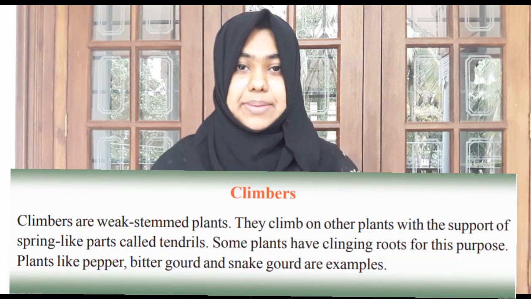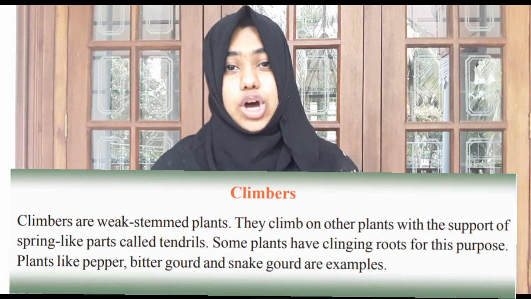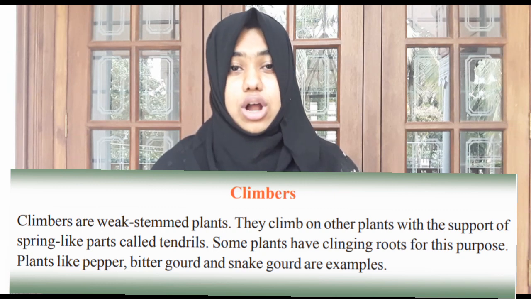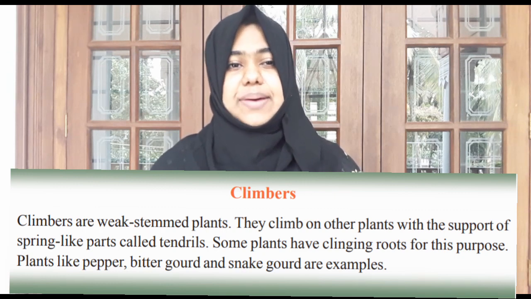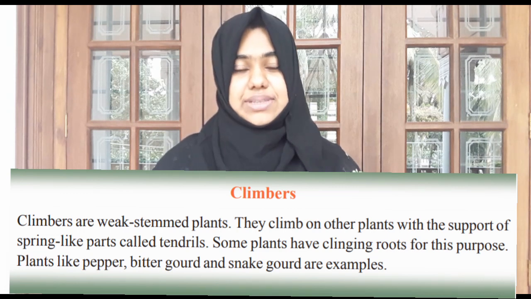Alright, so let's look at what a climber is. Climbers are weak-stemmed plants. They climb on other plants with the support of spring-like parts called tendrils. Some plants have clinging roots for this purpose. Plants like pepper, bitter gourd and snake gourd are examples.